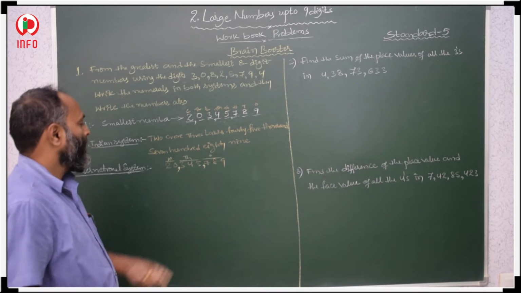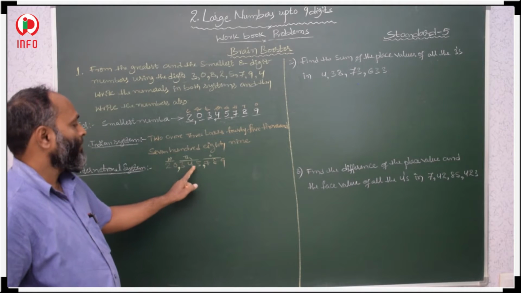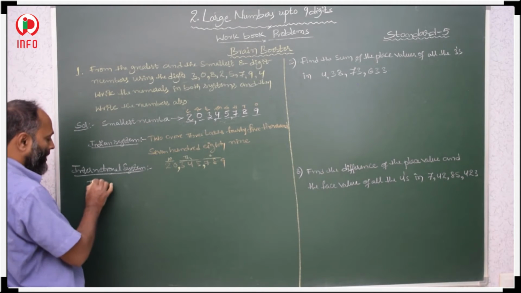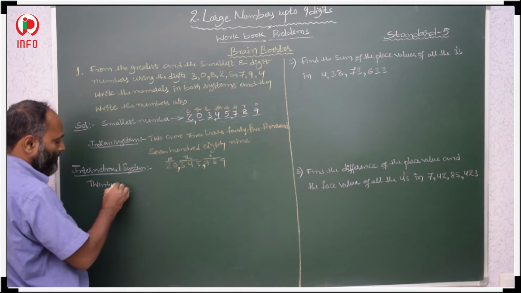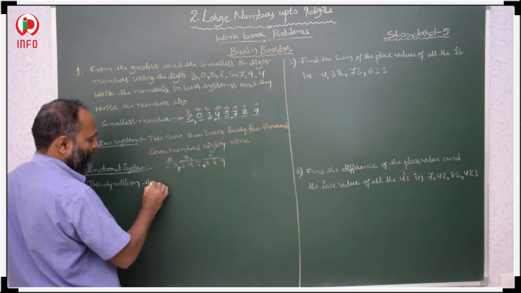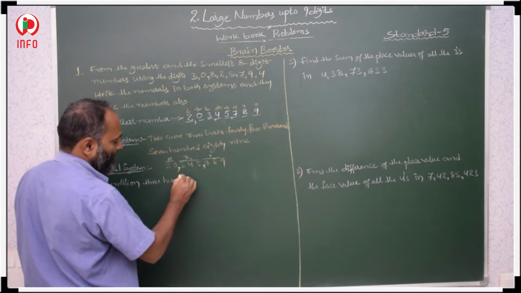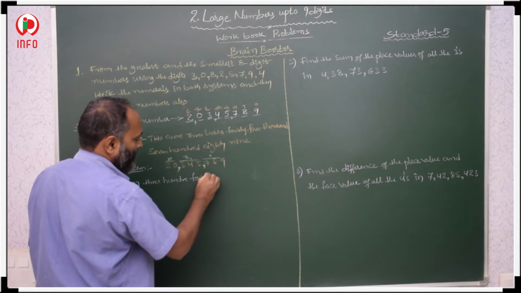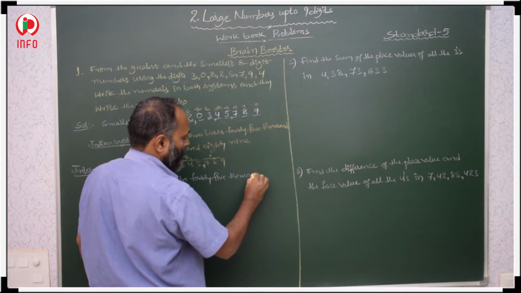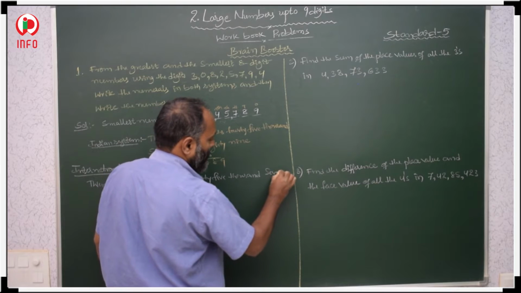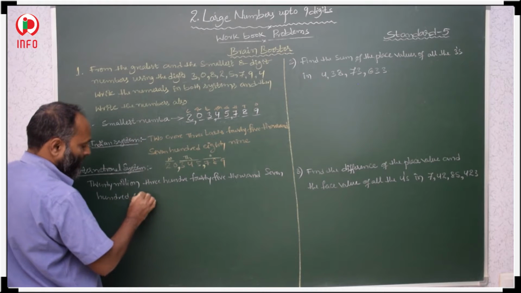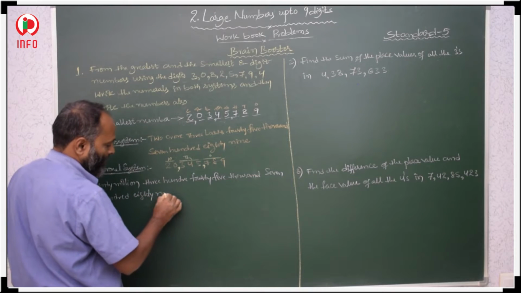Then how to read? 20,345,789: 20 million, 345 thousand, 789.